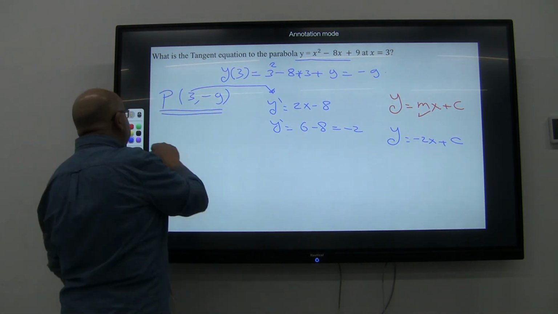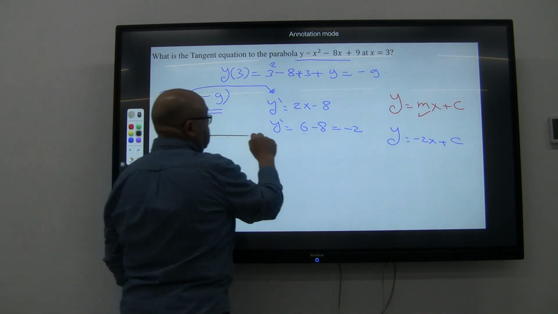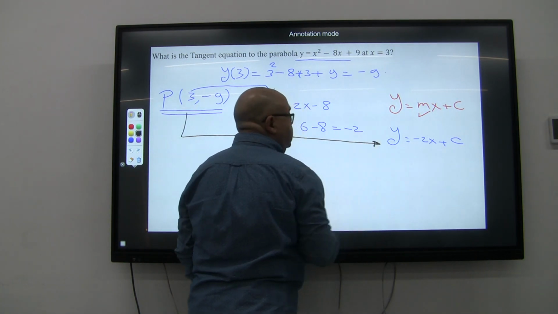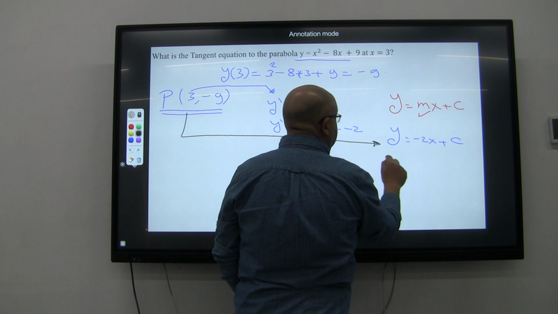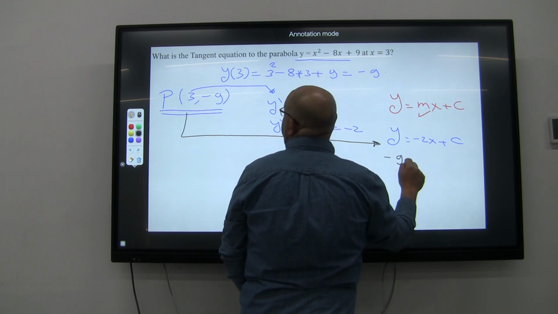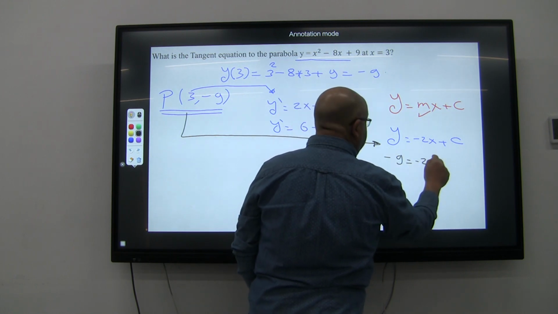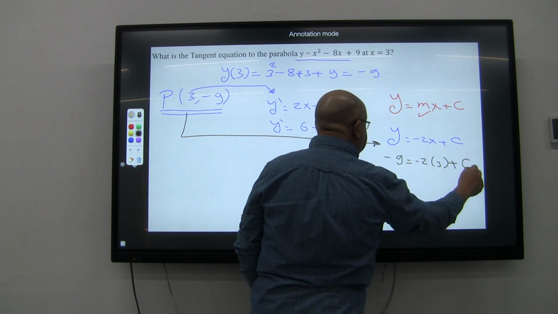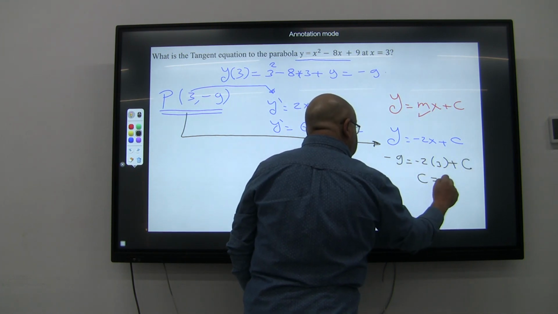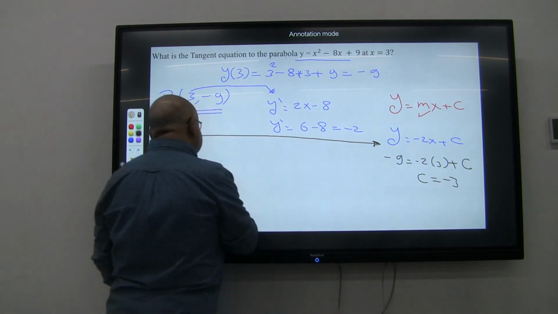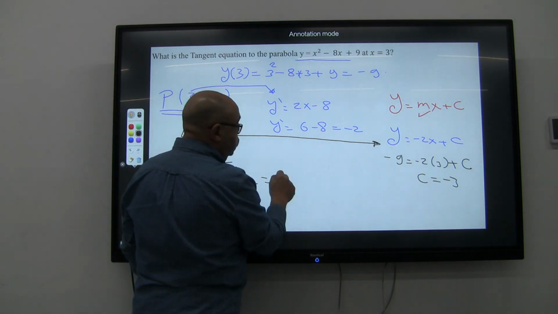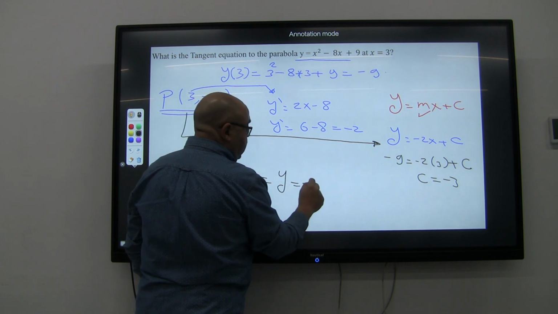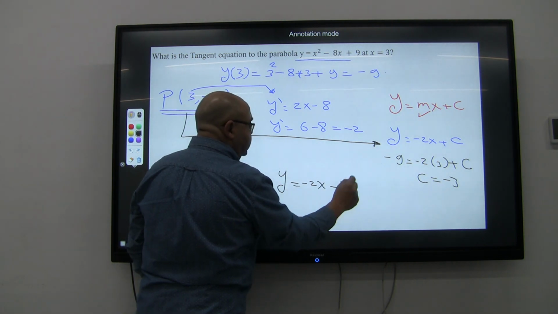Then use the coordinates of this point and substitute in the straight line equation, replacing y with negative 9: negative 9 equals negative 2 times 3 plus c. That's c will equal negative 3. So your tangent line is going to be y equals negative 2x minus 3.